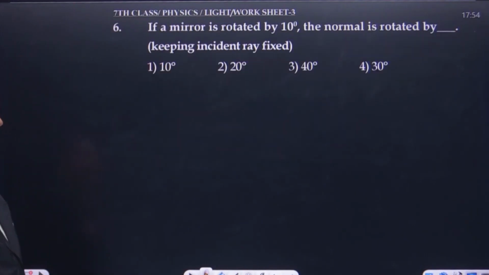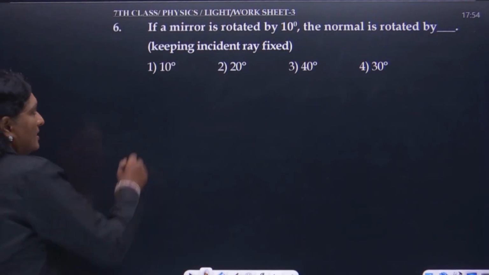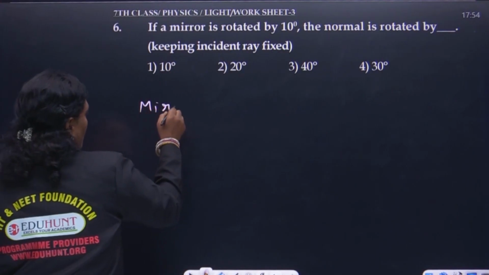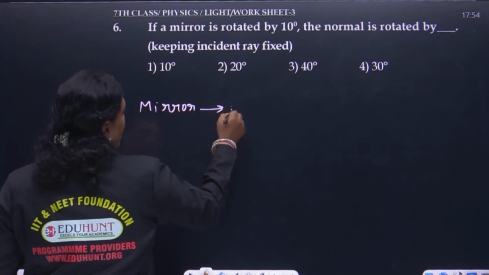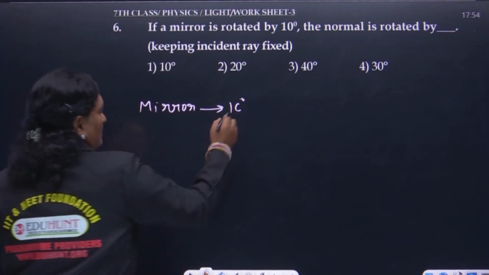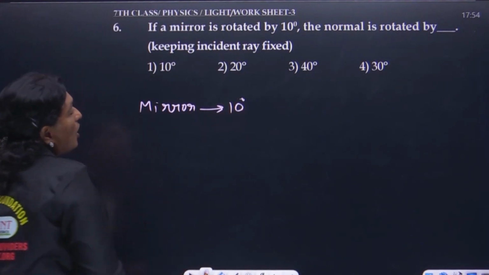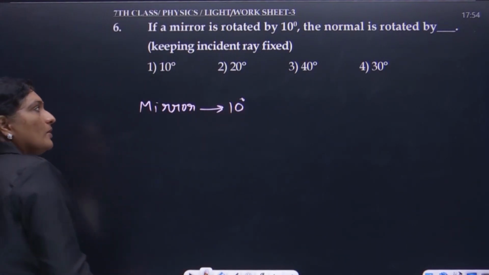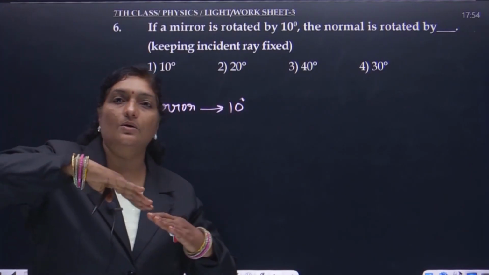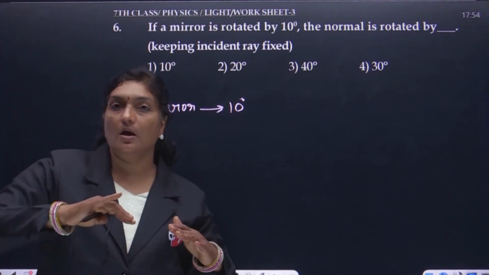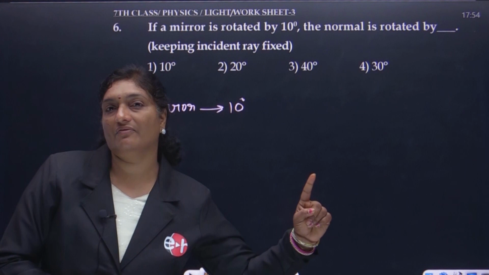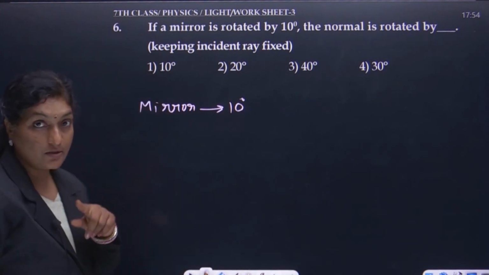So let us look into the next question, children, that is the 6th question. If a mirror is rotated by 10 degrees, the normal is rotated by how much? Children, we know that whenever a mirror is rotated by theta, the normal also rotates by theta, whereas the reflected ray rotates by 2 theta.